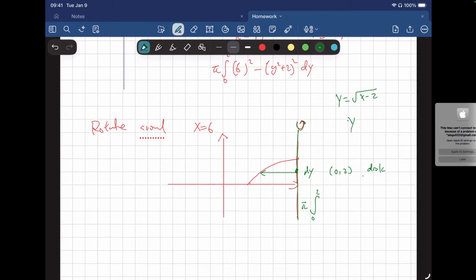It's y squared equal to x minus 2, so x equals y squared plus 2. This one is x equal to y squared plus 2. Why? Because if I plug in 1, that's going to give you 3, exactly 3 units right there, right?